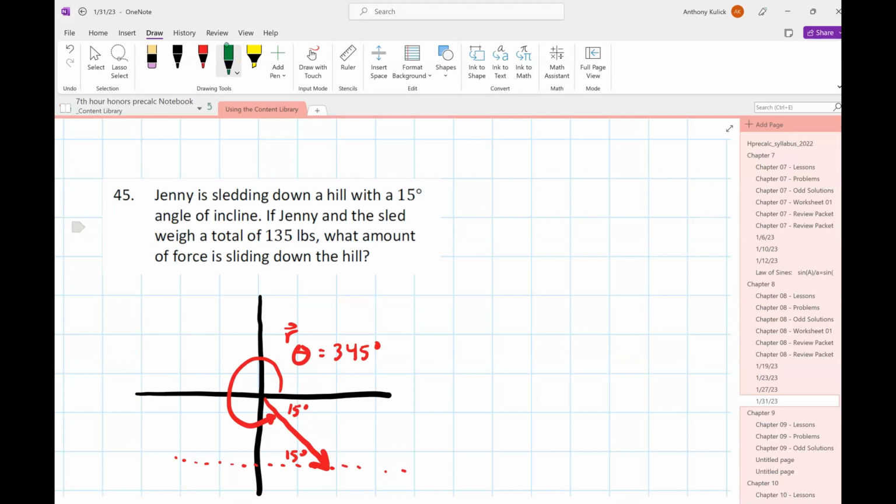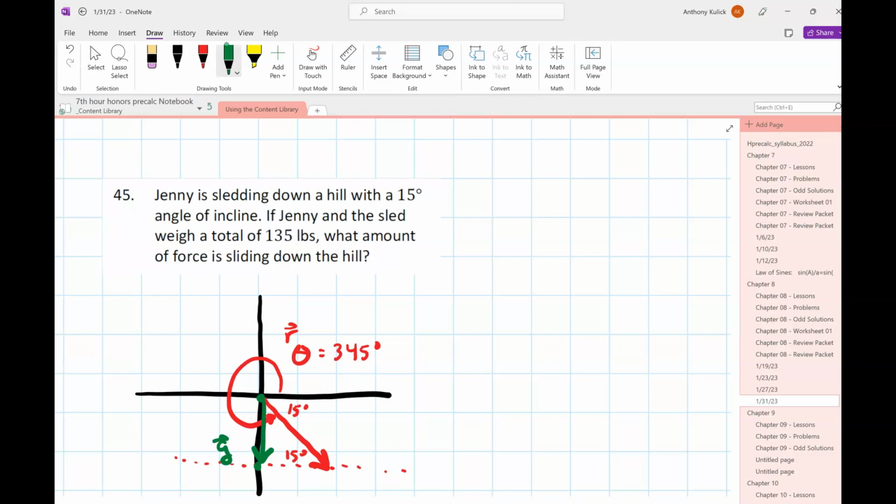And then it says Jenny and the sled weigh a total of 135 pounds. No pull is happening. What force is acting on somebody if you're just standing still? Gravity, right? You have some mass, and there's gravity acting on you. Which way does gravity pull? Straight down. So that's my gravity vector.